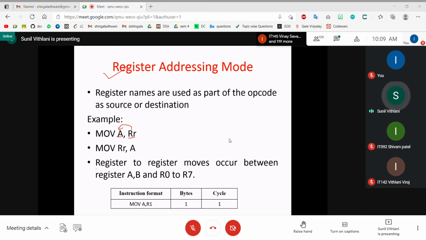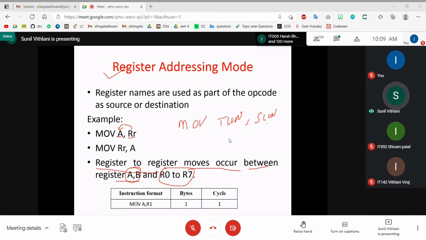So register to register movement occurs between which registers? You can transfer data between registers A, B and R0 to R7. You cannot write like this: move TCON, SCON. TCON is a special function register and SCON is also a special function register.